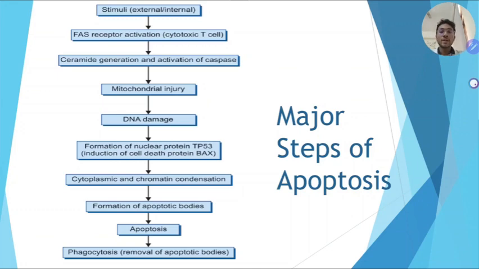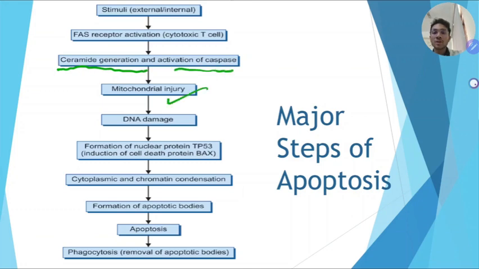Now we will discuss the major steps in apoptosis. Firstly, there will be a stimulus for apoptosis, which can be of two types, external stimuli and internal stimuli, discussed earlier in detail, which will activate Fas receptor activation, and cytotoxic T cells will get activated, which will further cause ceramide generation and activation of caspase.